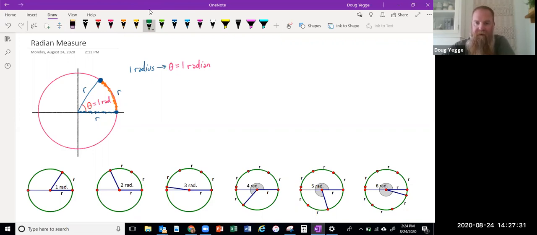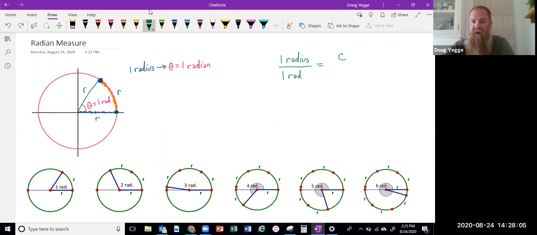So let's just recognize that 1 radius on the outside of the circle corresponds to an angle measurement of 1 radian. So that should be proportional then to the circumference, because if I know that one radius around the outside of the circle correlates to one radian, then going around the entire circle should correspond to some other value of theta.